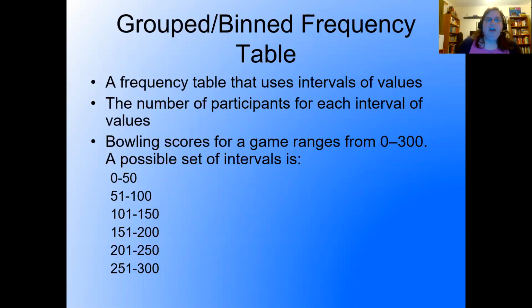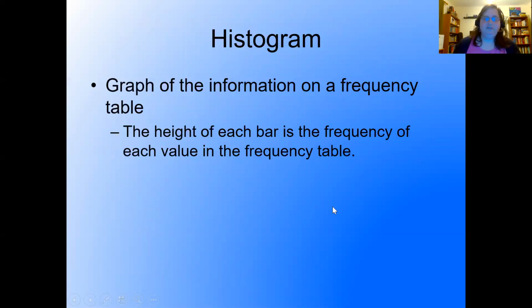Okay, so as opposed to having a scale that goes all the way from 0, 1, 2, 3, all the way up to 300, that doesn't seem very helpful. What we might do is group or bin these together. Okay, so we might have 0 to 50, 51 to 100, 101 to 150, etc., until we get up to 300. So that can be something that is helpful to use if you have that kind of situation.